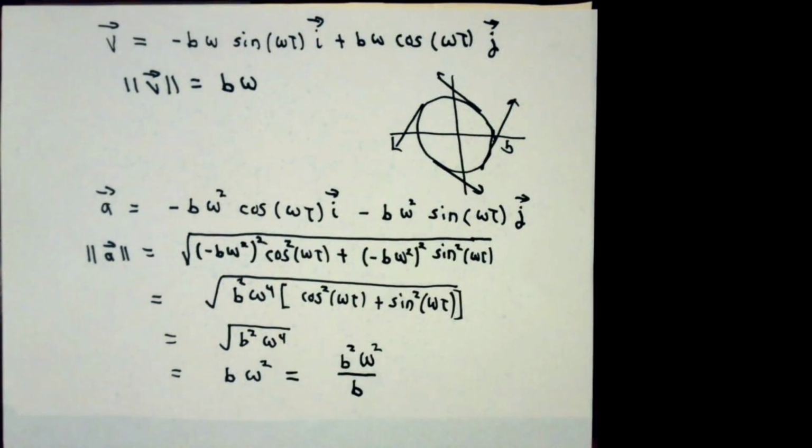I'll put an extra factor of b in, and I'll correct for it by dividing by b as well. The top of this fraction is now the square of the speed, and the denominator is the radius of the circle that we're traveling in.